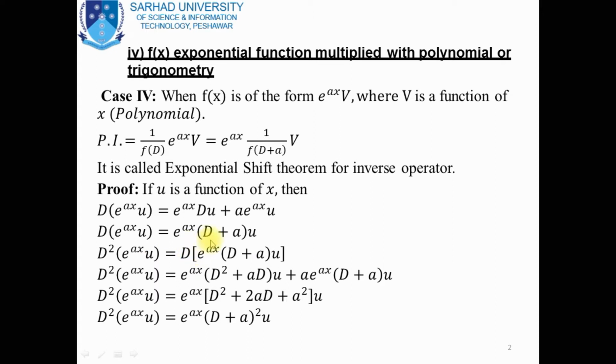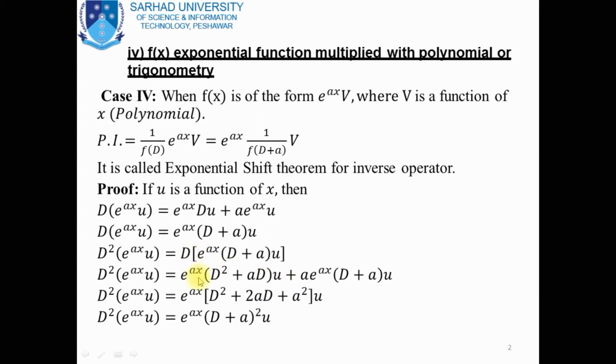Using the product rule again for the derivative, suppose e^(ax) into u is the first function and (D+a) is the second function. So e^(ax) and u stay as they are, and the derivative of this expression gives D squared plus Da.